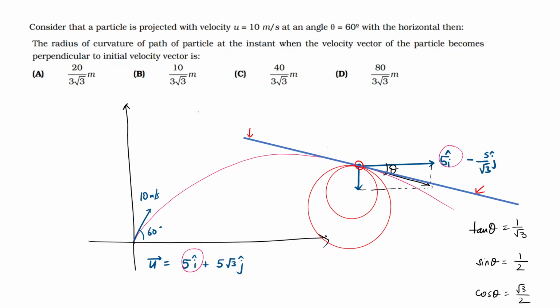So which circle to prefer? You see, these circles are becoming just like this parabolic path at this point. So you can model this particle going into this circle for an infinitesimally small time, but there are many options. So how can this radius of curvature be unique?